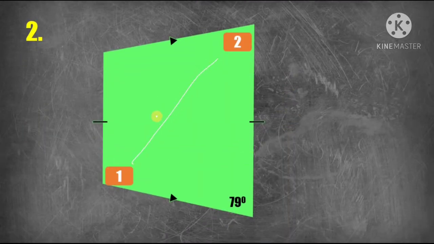Here, it's the same equation. So 1 and 2 are opposite, while 1 and 79 degrees are supplementary or consecutive, and 2 and 79 degrees are also consecutive angles. That means it's supplementary.